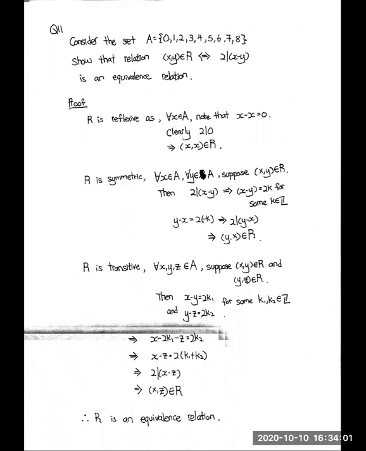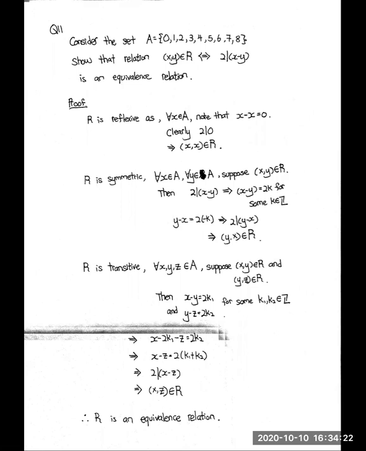Okay, R is symmetric. So we take any element x and y from A, and we suppose that x comma y is an element in R. Okay, then by the definition of relations, we know that 2 divides x minus y. So we can write x minus y is equal to 2k for some integer k.